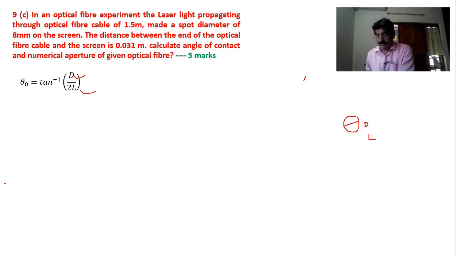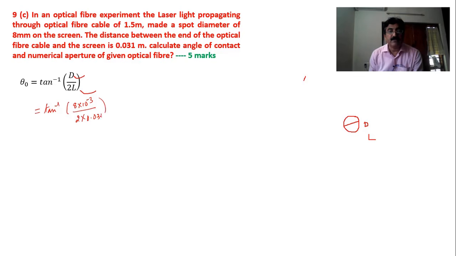Substitute the values. Theta naught equals tan inverse of D value, the spot diameter 8 mm, that is 8 into 10 power minus 3, divided by 2 into L value 0.031. So simplify this.